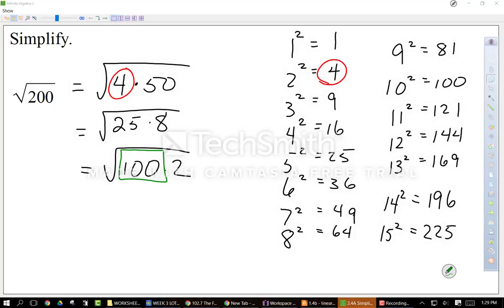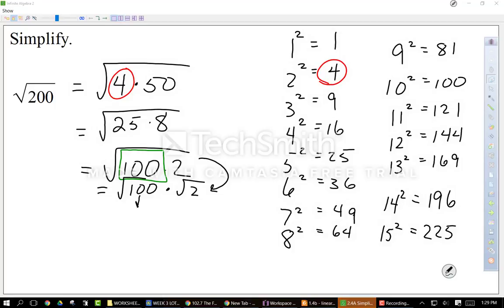So what I'm going to do is take the square root of 100 and the square root of 2. Square roots can be broken down this way. We'll get more into square roots later on, but this right now is what we're going to be doing. The square root of 100 times the square root of 2 is the same as the square root of 100 times 2.